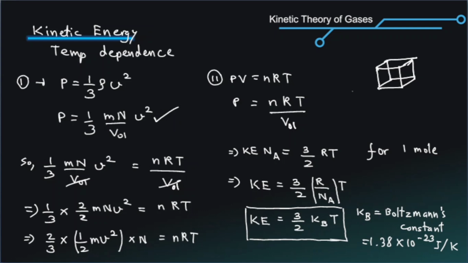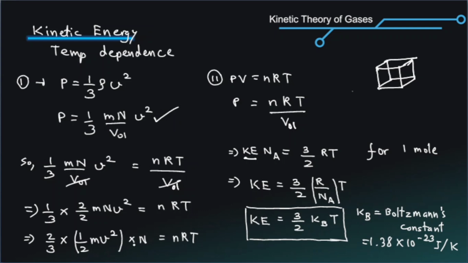We keep 1 by 2 m v squared inside the bracket, take the total number of molecules N out, and we have got a coefficient of 2 by 3. So this left hand side term is equal to the right hand side term, nRT. So we can say half m v squared is the kinetic energy, and here N is the total number of molecules.